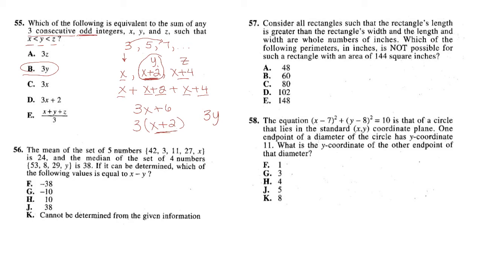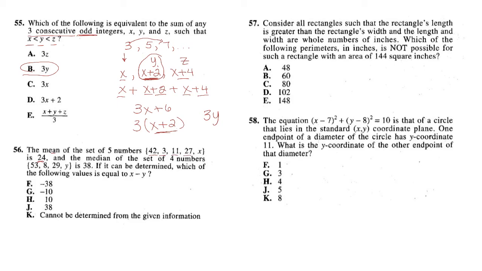Okay, for 56, we have the mean of a set. And notice that the mean, that is talking about your average. And then we're told that the mean of this set is 24. So that means when I add up each one of these and divide by 5, I'm going to get 24. So I'm going to go ahead and add these up.